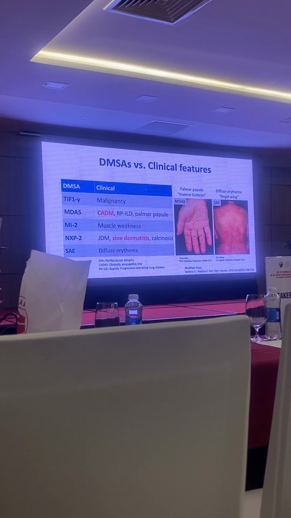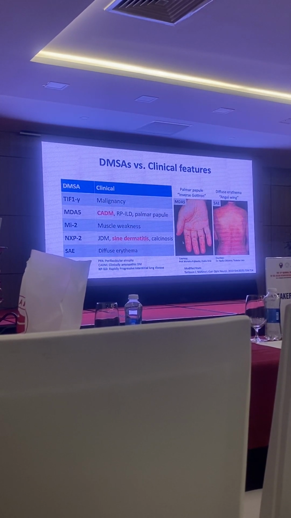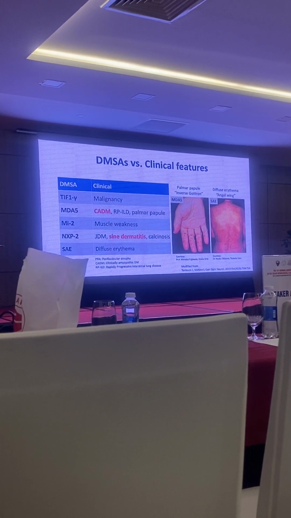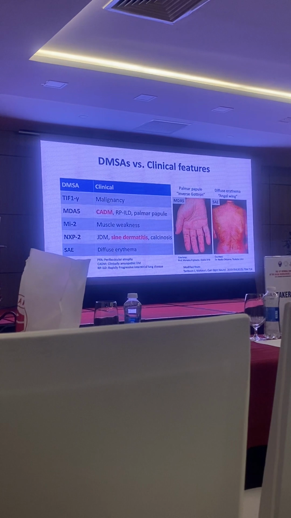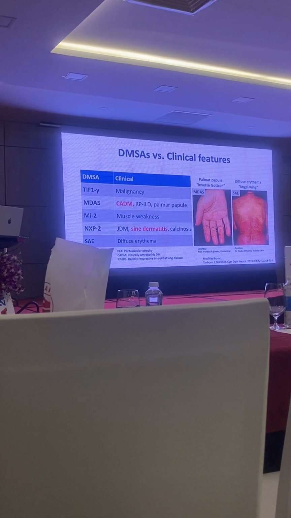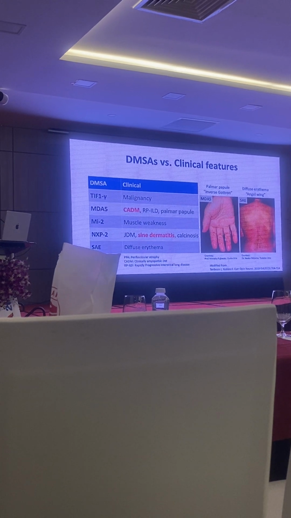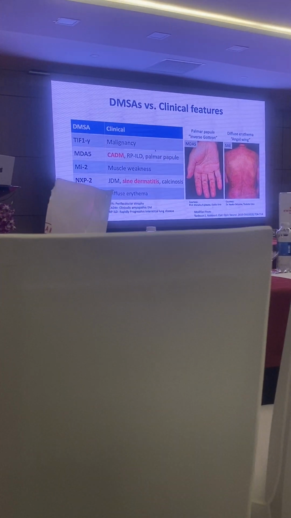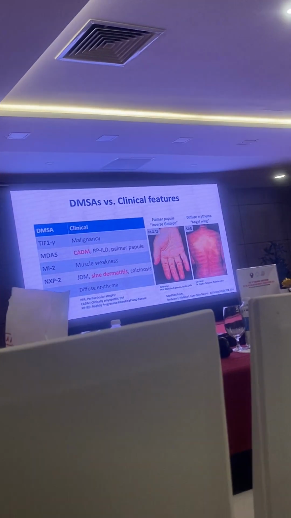And there is another sign called palmar papules. You see Gottron sign is usually present on the dorsal side, but in these MDA5 positive cases, you see something similar to Gottron, the same phenomenon on the palmar side. Mi-2 cases have a lot of necrotic fibers.